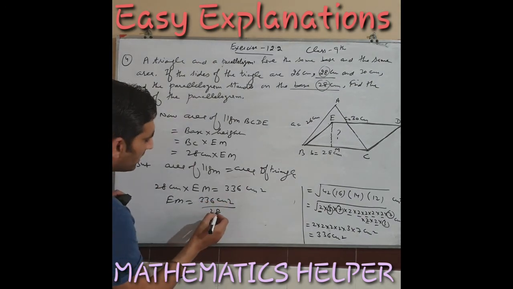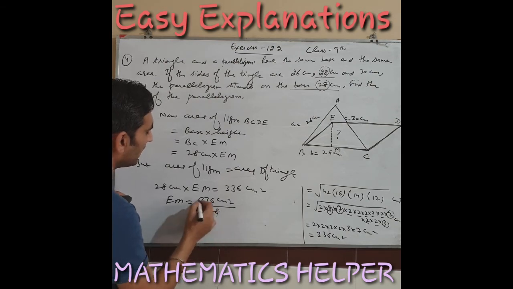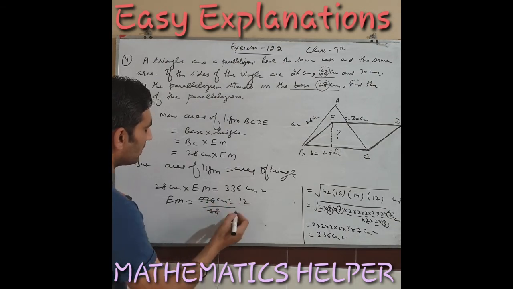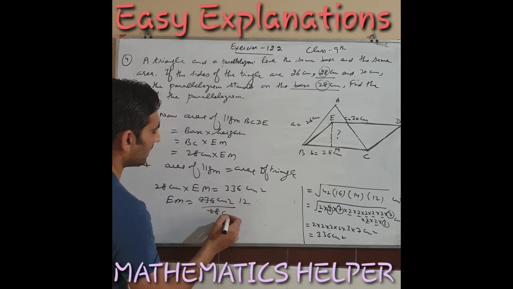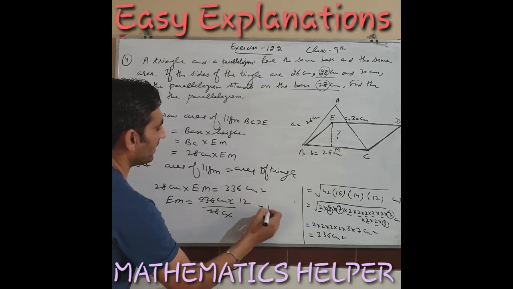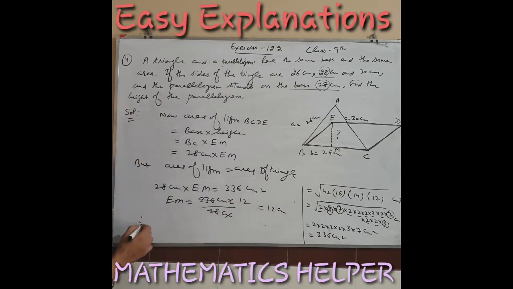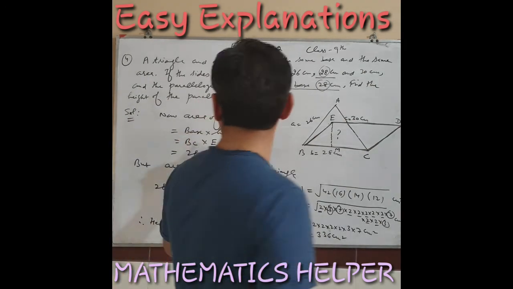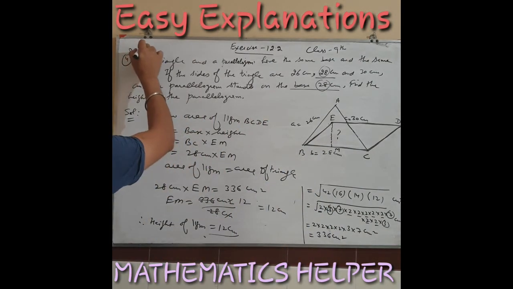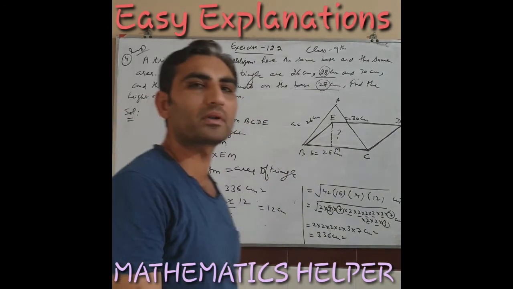Now see on what number we can cancel it. 28 into 12 is 336, so it will go to 12 centimeter. So we have 12 centimeter. Therefore the height of the parallelogram is 12 centimeter. So this is our question number 4. An important question also for examination. It came many times in papers also.